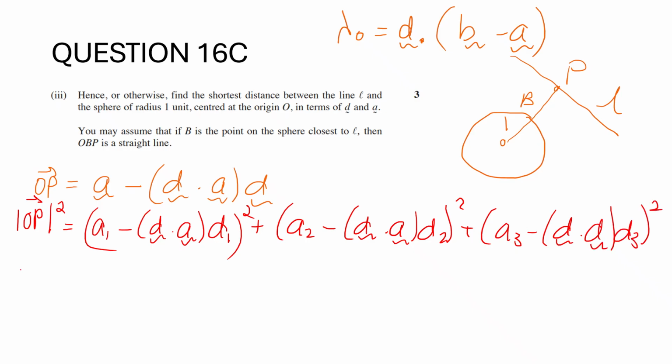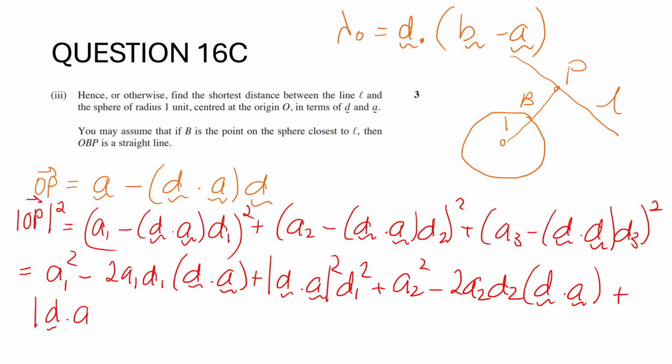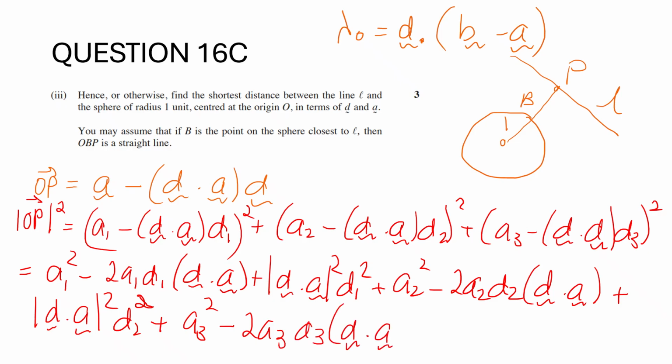And expanding, A1 squared take 2 A1 D1 dot product, plus D dot A squared D1 squared, plus A2 squared take 2 A2 D2 D dot A, plus D dot A squared D2 squared, plus A3 squared minus 2 A3 D3 D dot A, plus D dot A squared D3 squared.